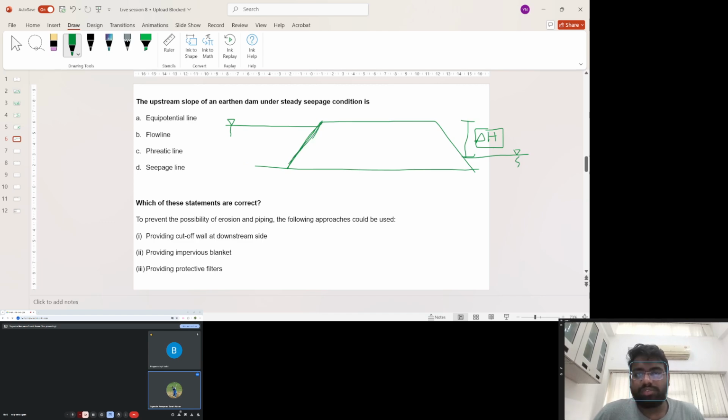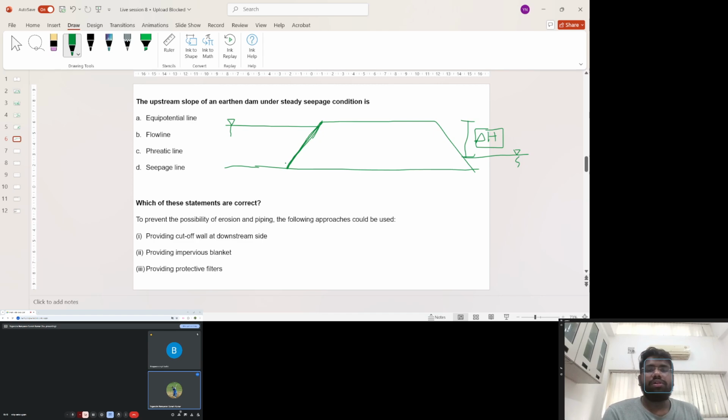Now we have to check how it acts. There are two possibilities: this slope can act either as a flow line or an equipotential line, right?